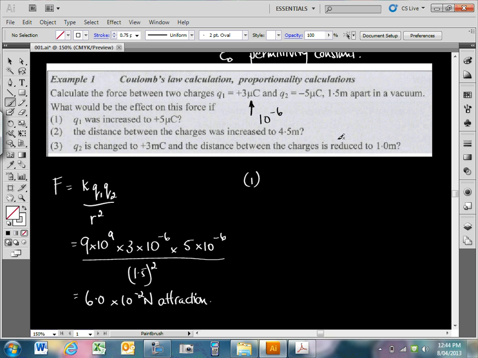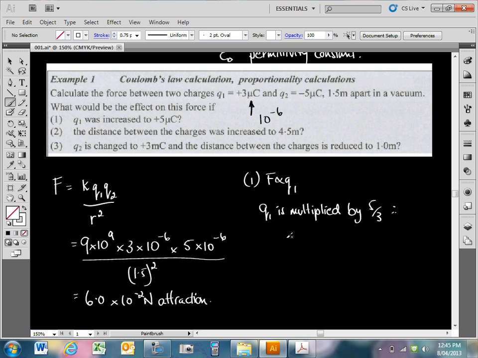Who knows what to do there? Yes, that's right. Knowing that F is proportional to the charge Q1, if I change Q1, we can say Q1 is multiplied by 5 over 3. 5 over 3 makes Q1 a 5, doesn't it?